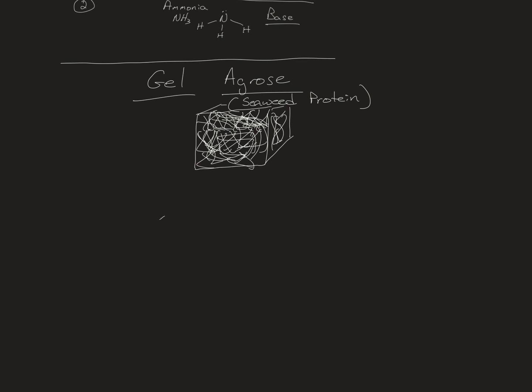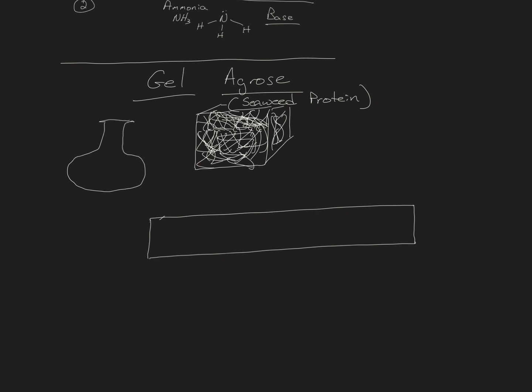So what I did is I poured it into a mold, and in that liquid, before I poured it, I had this big flask. Let me draw this correctly there. And in that flask, I had the agarose as a liquid before I poured it, and I added to it phenolphthalein.